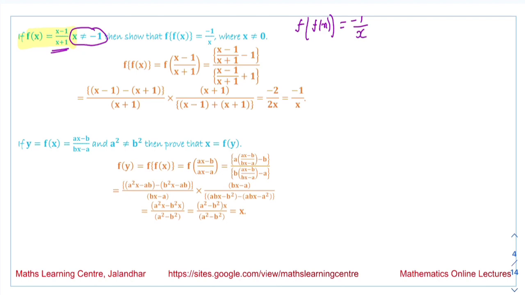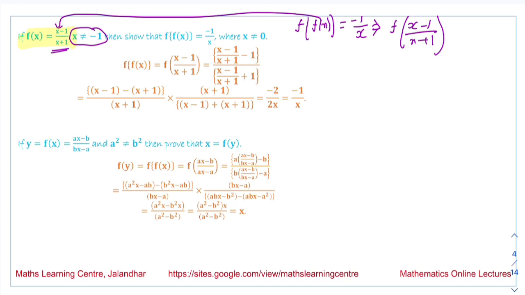So what does f(f(x)) mean? This is basically the composition of functions, but we are not considering it as composition. We are just writing in place of f(x) this term over here, (x minus 1) over (x plus 1). These things we will study in detail when we talk about the composition of functions.